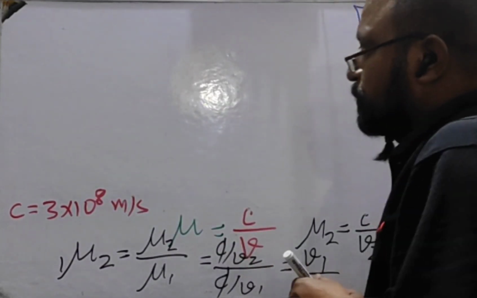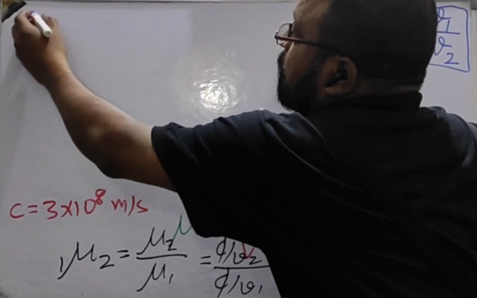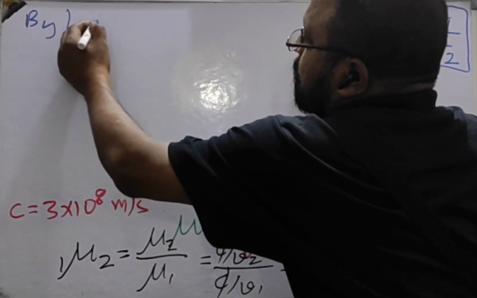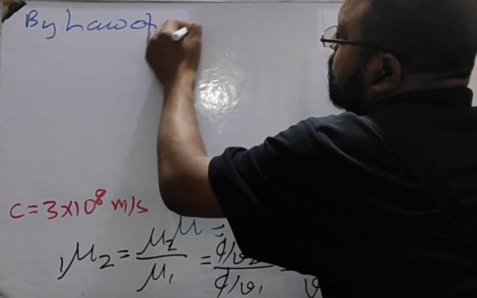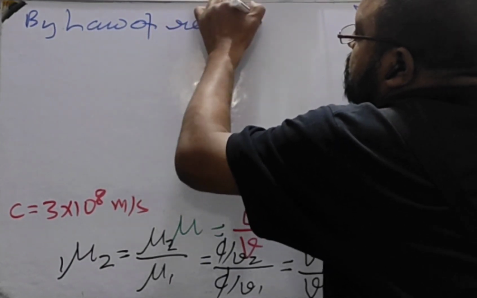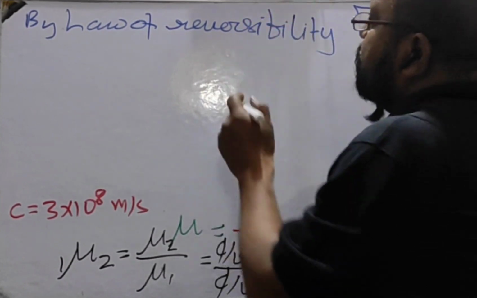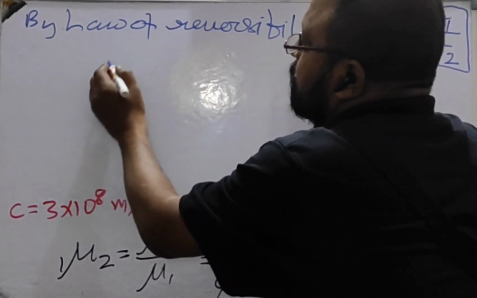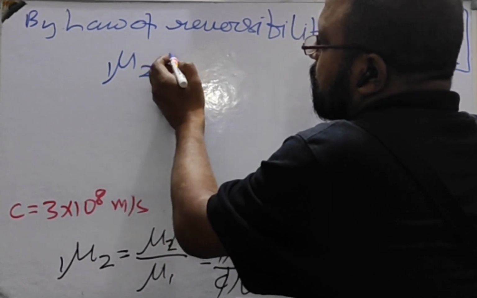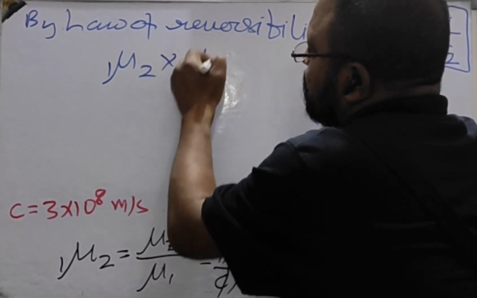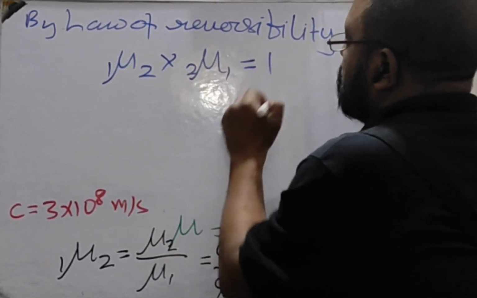So by the law of reversibility, the refractive index of medium 2 with reference to medium 1 into the refractive index of medium 1 with reference to medium 2 is equal to 1.